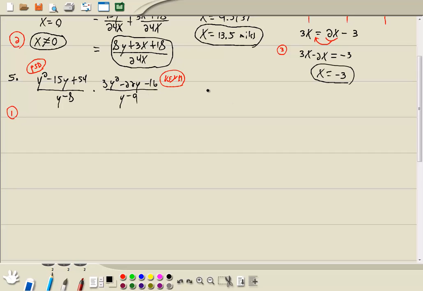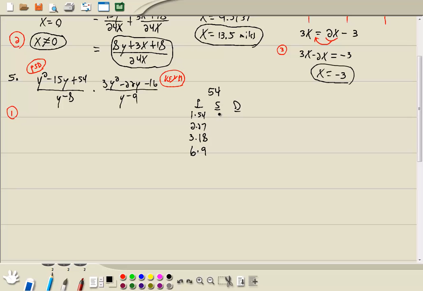Okay, PSD. Take the number at the end, ignoring the signs. So we got 54. And we'll come up with our 3 columns. Write down all products that give us 54. We got 1 times 54, 2 times 27, 3 times 18, 6 times 9.